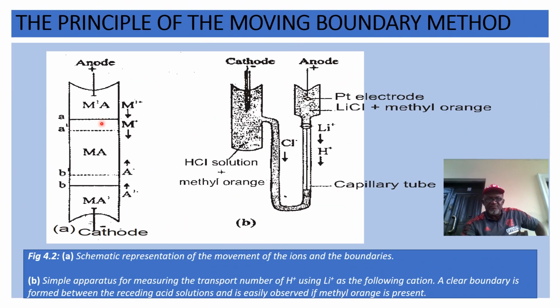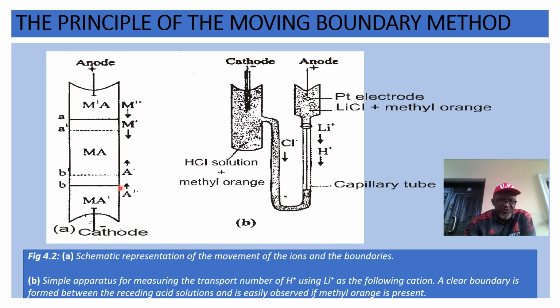Look at the diagram for the moving boundary method. The sketch is here, anode, cathode. Look at this B prime, A prime. So we have M plus and M prime plus. These ions will move. They don't have the same mobility. So once this is moving, this is following it to give us this distance from here to here.